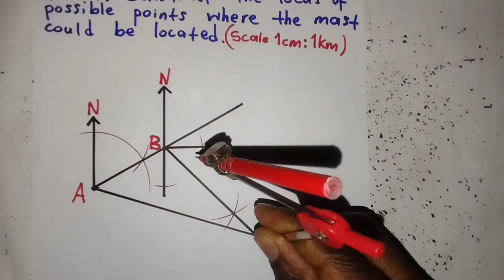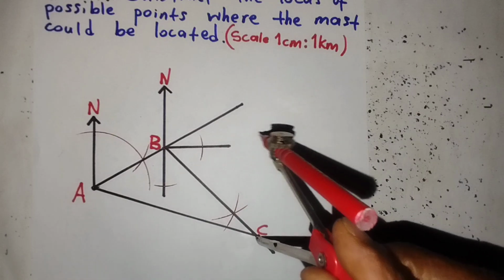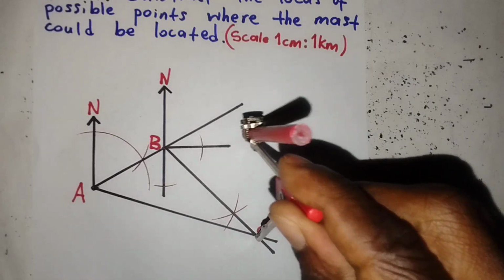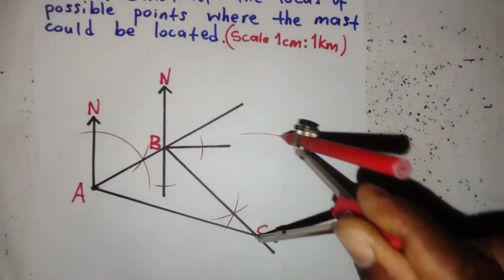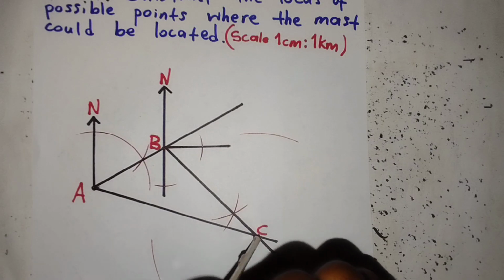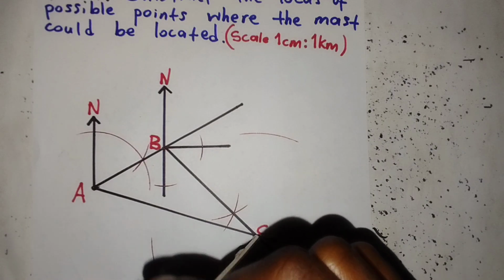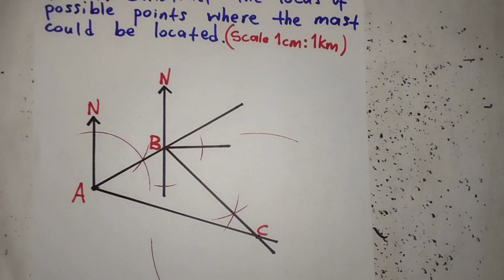Okay, so now with C as my center, I'll construct an arc here and another arc here. I want to construct a perpendicular bisector of BC, to satisfy the given condition, which says that R must be equidistant from B and C.